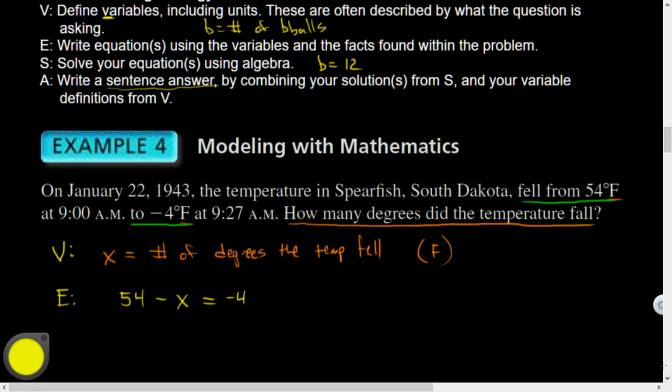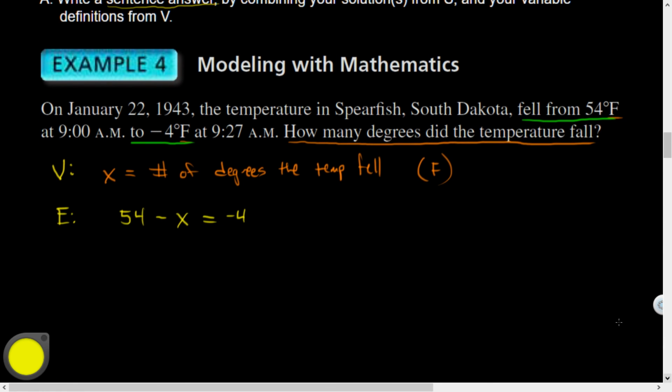Okay? And now I can solve that equation. Now this is tricky. X is not being subtracted by 54. 54 is positive. X is the thing that's being subtracted. So to move the 54, how do I move a positive 54? How do I undo a plus 54? Subtract 54 from both sides.